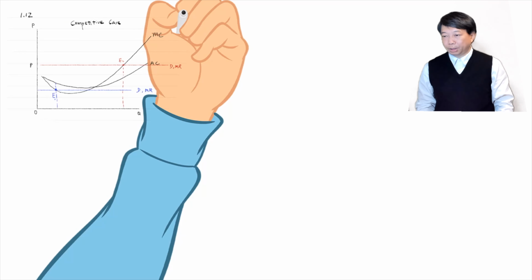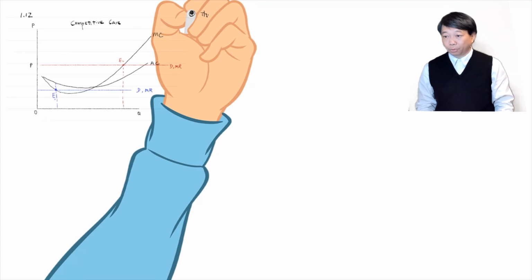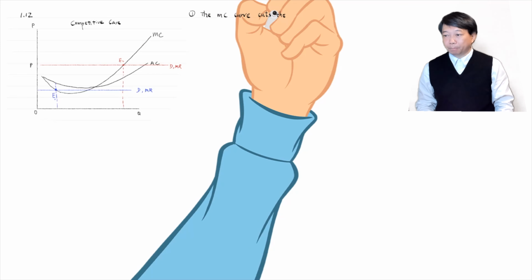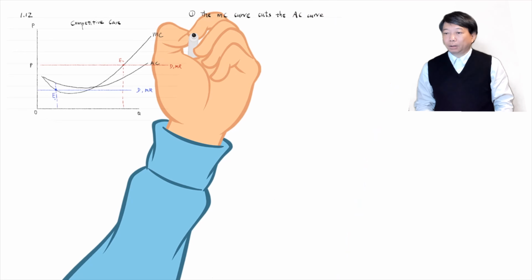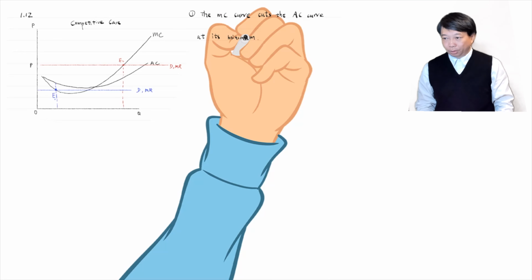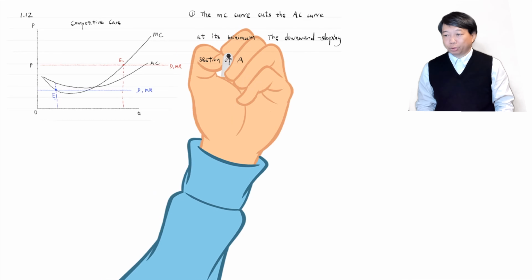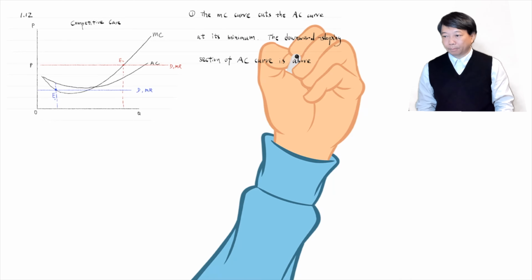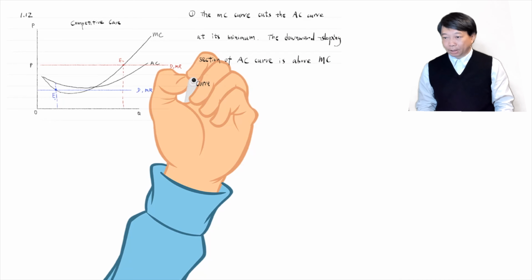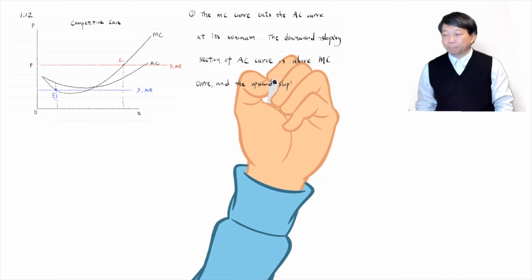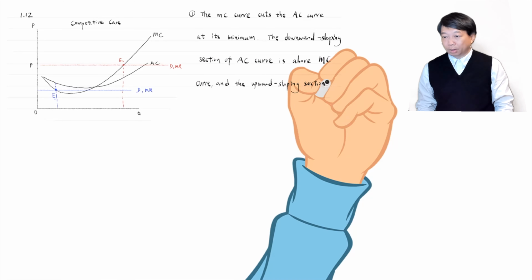First, we know that the marginal cost curve cuts the long-run average cost curve at its minimum. The downward sloping section of the average cost curve is above the marginal cost curve, and the upward sloping section of the average cost curve is below the marginal cost curve.